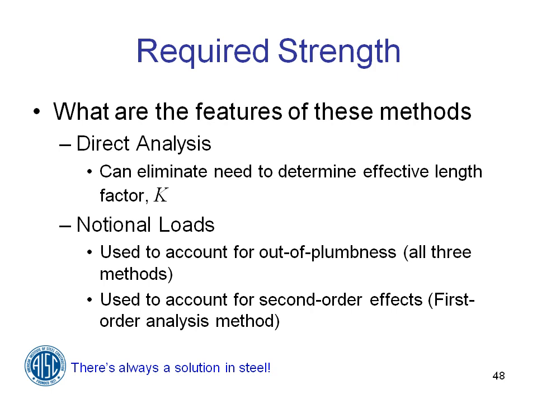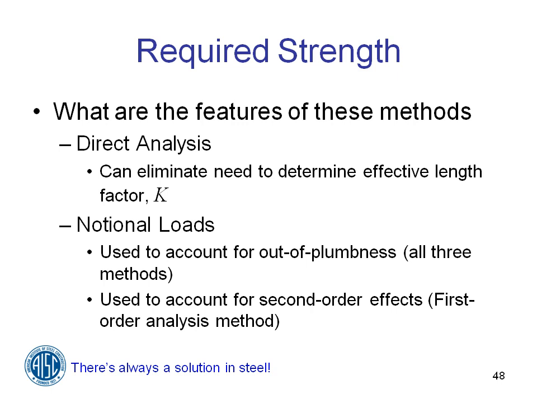The other feature is the use of notional loads. Now, notional loads are a way to account for out-of-plumbness. You can use these in all three of the methods. You don't have to use them in the direct analysis method. You can actually build your model out of plumb. We'll see that in a minute. But in the effective length method, you must use the notional loads.